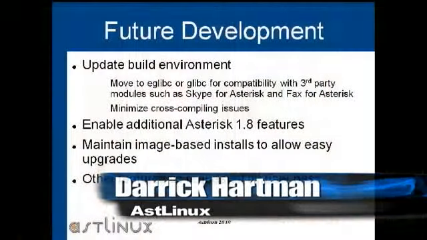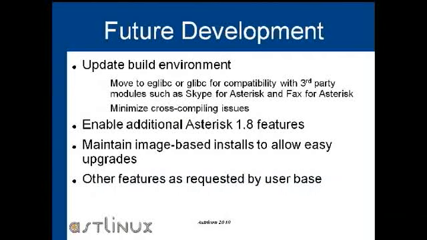Future development. This AstLinux, which I saw in earlier slides, is based on Buildroot currently. That means it has uClibc as the core library. There are certain things that are produced by Digium that are only available as a binary blob.